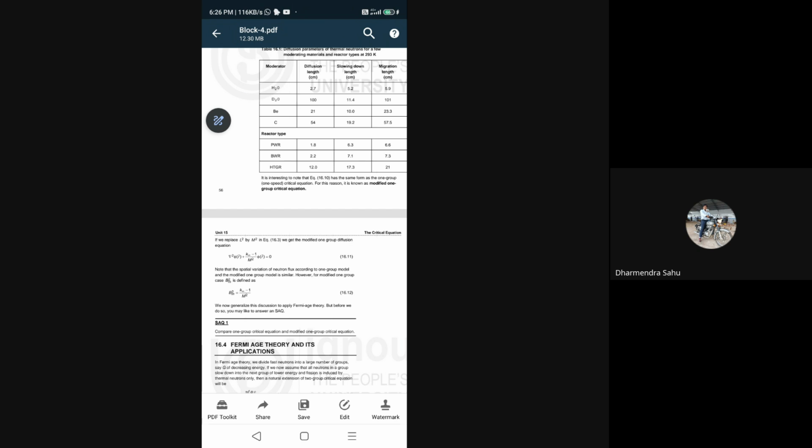So del square phi plus (k infinite minus 1) by M square phi is equal to 0. So the spatial variation of neutron flux according to the one group model and the modified one group model is similar. However, for the modified one group case, Bm square is defined as Bm square is equal to (k infinite minus 1) by M square. We now generalize the discussion to apply Fermi age theory.